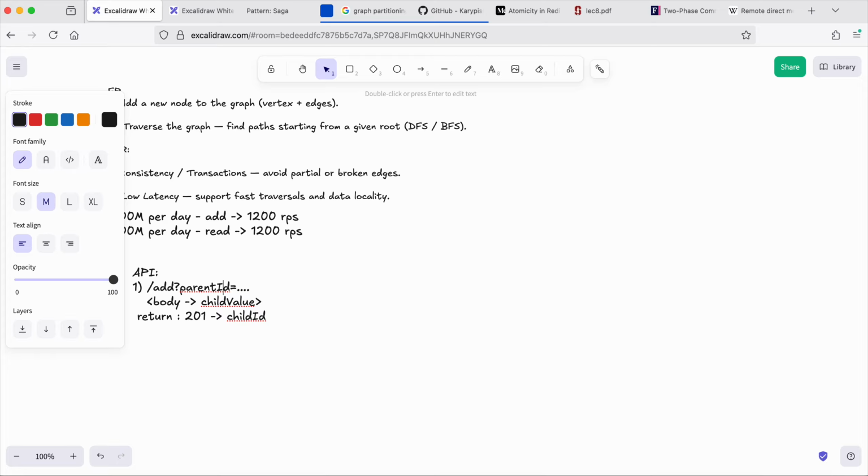So we have this add endpoint, which should be a POST.